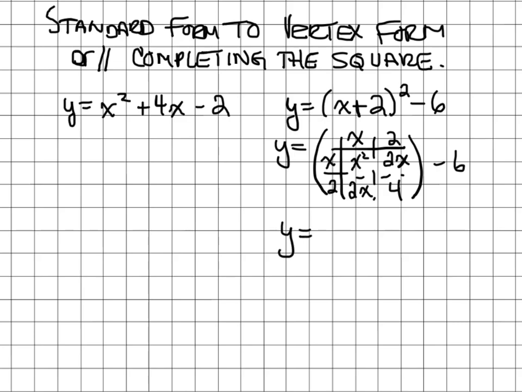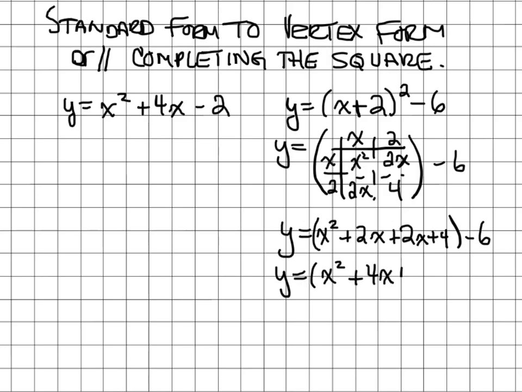And now I take the expanded part and write that out here again in brackets, plus 2x plus 2x plus 4 minus 6. I'm going to simplify what's in my brackets: x squared plus 4x plus 4.